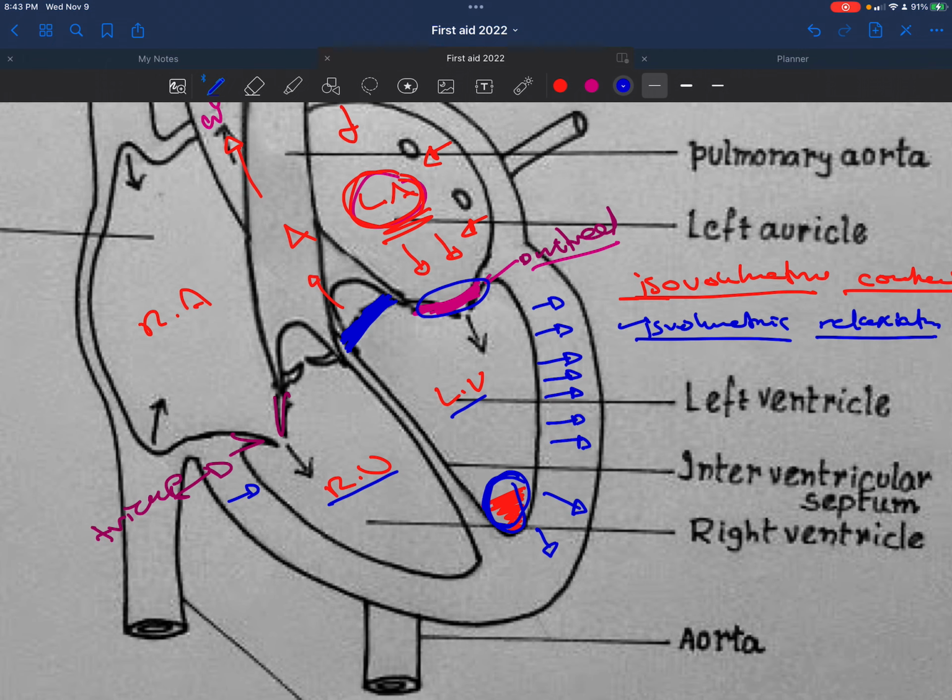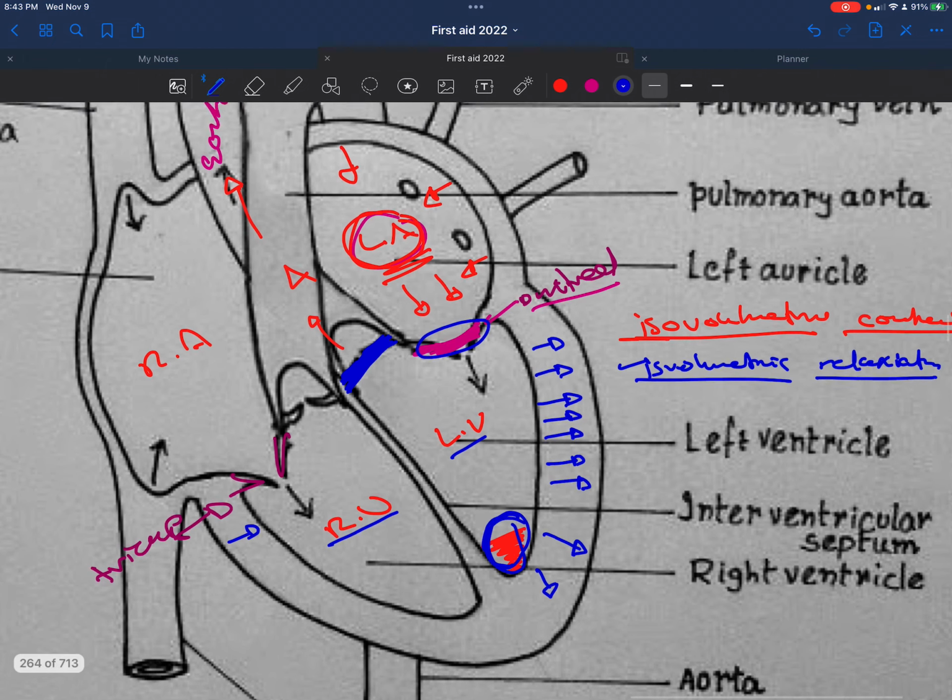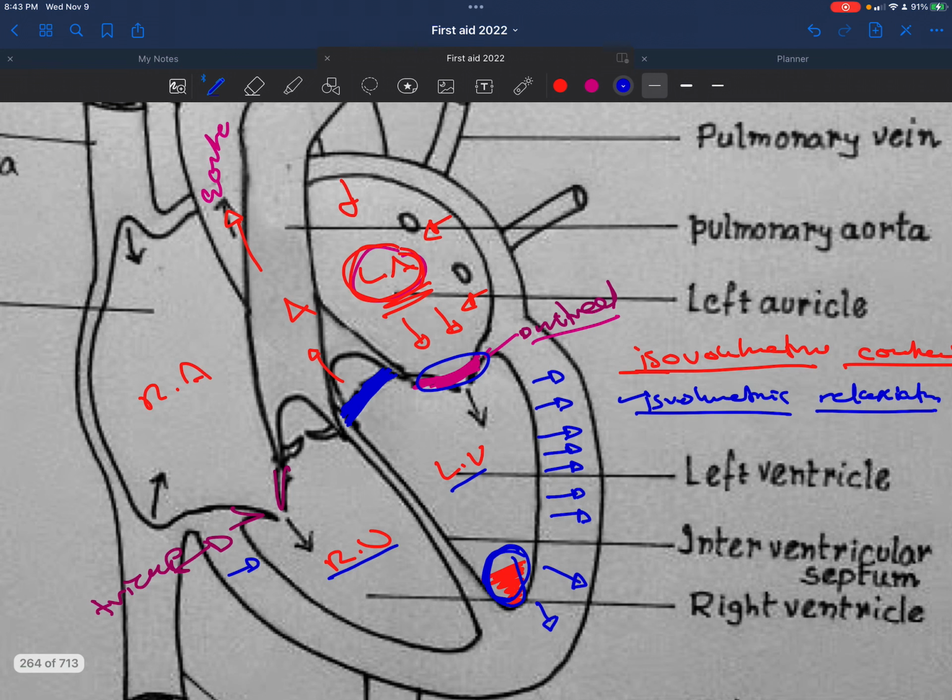So now, of course, meanwhile, the pressure within the left atrium was increasing because the left atrium is getting all the blood from the pulmonary veins over here.